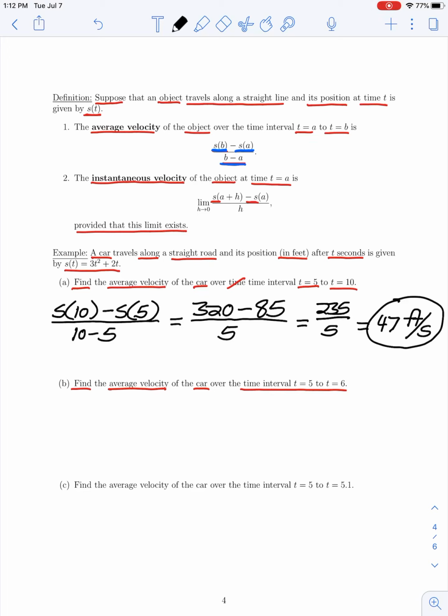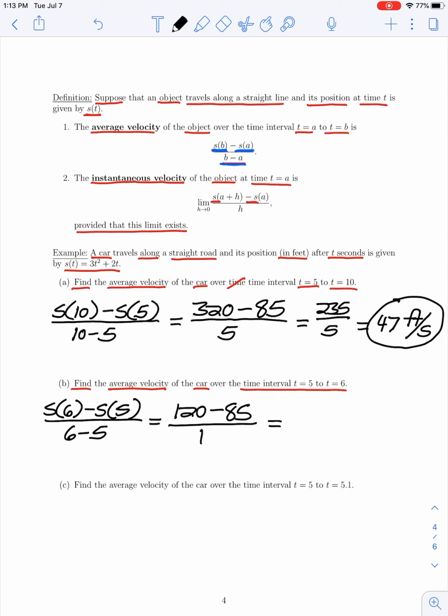So our average velocity would be the value of our position at time 6 minus the position at time 5 divided by the difference in our time, 6 minus 5. So evaluating our function at 6, we have 36 times 3 plus 12, which leaves us with 120, minus, when we evaluate our function at t equals 5, what we already found in part A, that gives us 85, and then divided by 6 minus 5, which is 1.